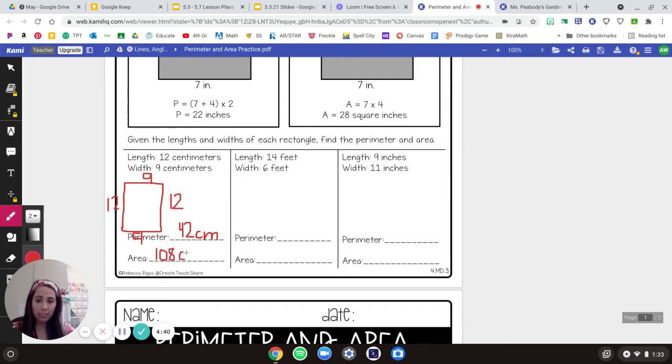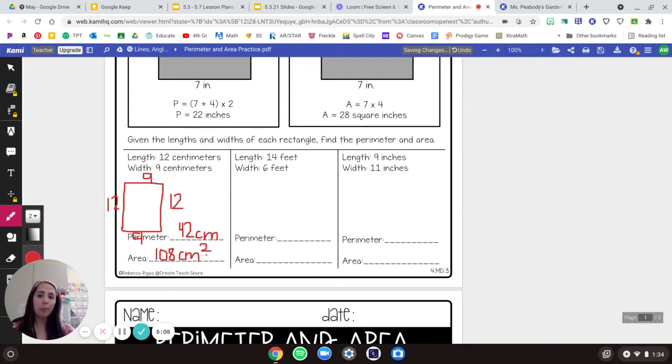But this time, because it's area, I know it's going to be units squared, or centimeter with a little 2 up above. That means centimeters squared. So 108 centimeters squared. Notice for perimeter, we don't do that squared because all we did was add. We get that squared when we use multiplication.